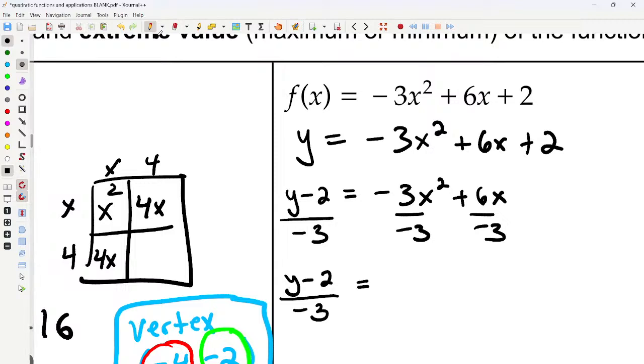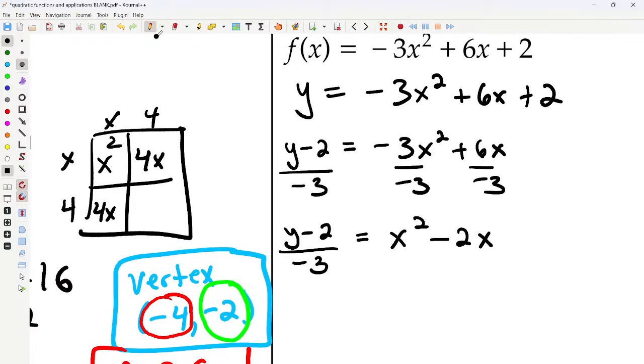The right-hand side looks like what we want: 1x squared with a bx. For time's sake, although you can draw as many pictures, I can literally see -1, -1. So 1 is going to complete the square. So y minus 2 over -3 plus 1 equals x squared minus 2x plus 1.